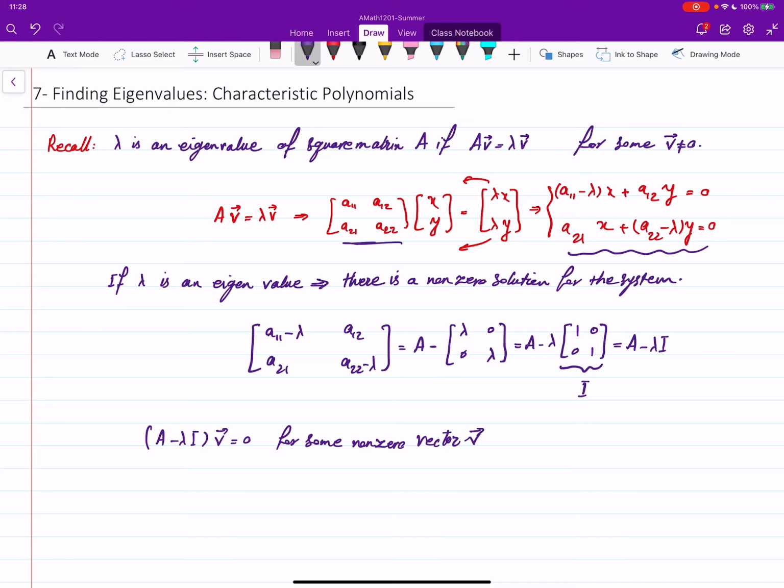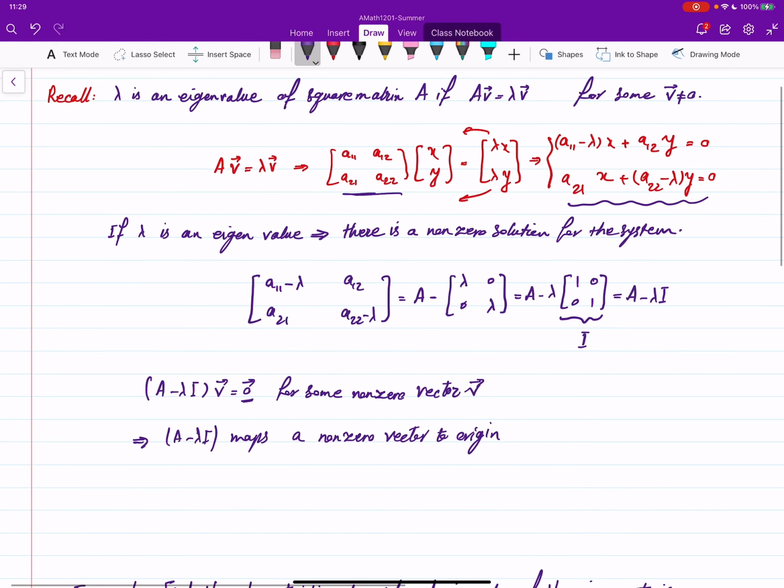This means simply that A minus lambda I maps a non-zero vector to the origin. That is equivalent to saying that A minus lambda I, or the linear vector field defined by A minus lambda I, is not invertible.